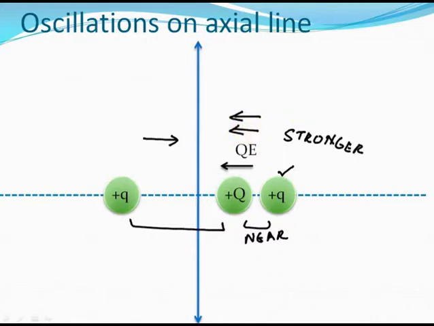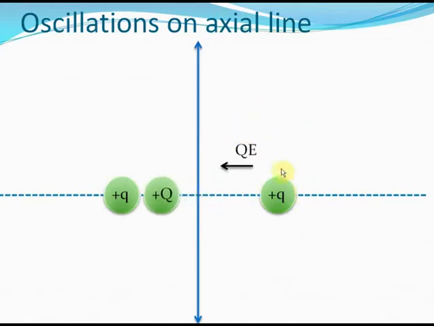Now when this plus capital Q charge reaches the left side of the origin, a force plus QE acts towards the right on this particular charge. That's because, again, in this case, this charge plus small q on the left exerts a force towards the right on the charge plus capital Q, isn't it? Because like charges repel each other.